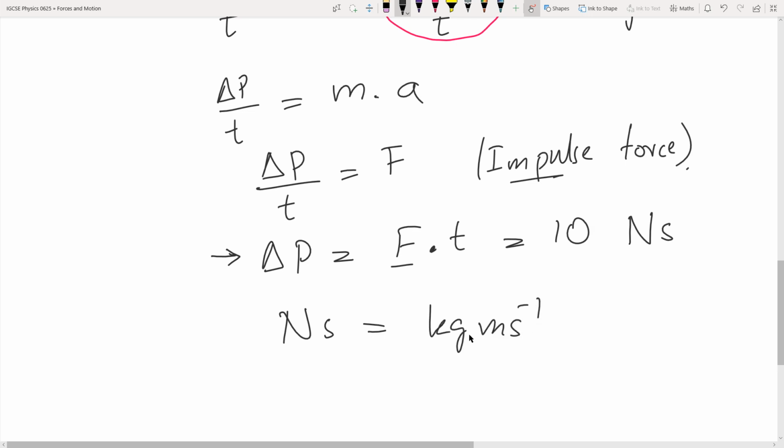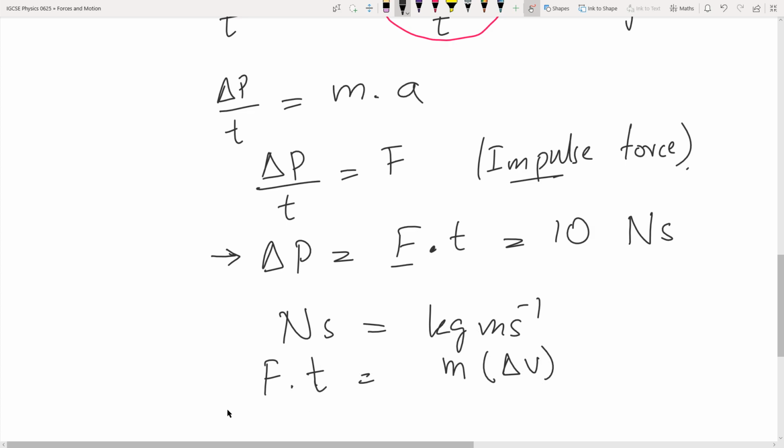They are the same thing, except this is F into t, and this is mass into change in velocity, right? So both of them are actually the same things, right? So you can evaluate this, and again, if you move t from left hand side to right hand side, delta v by t is going to be acceleration, so m into a is going to be force, right? So you can actually equate this.